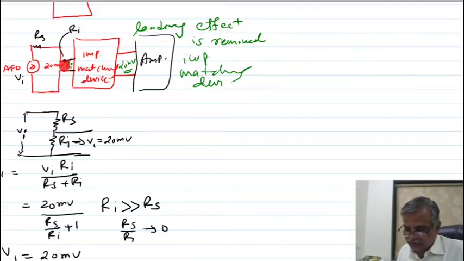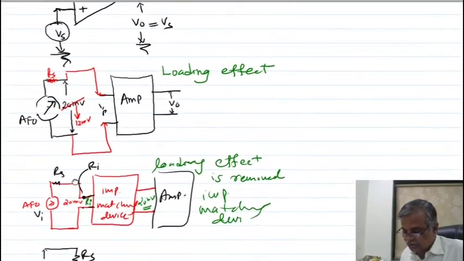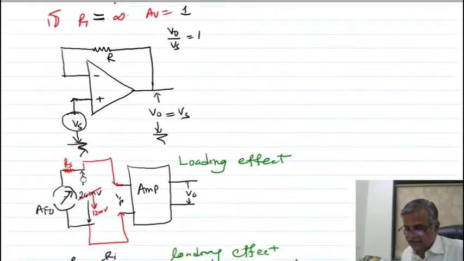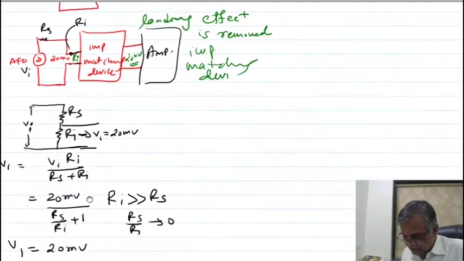This 20 is coming here because for the impedance matching device, output follows the input. So this is also 20. So the amplifier gets the 20 millivolt. In this way you can use an impedance matching device to remove the loading effect. I think you understand this concept of the impedance matching device.